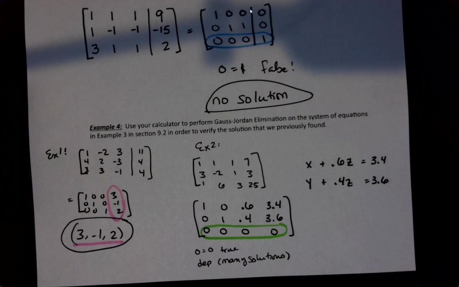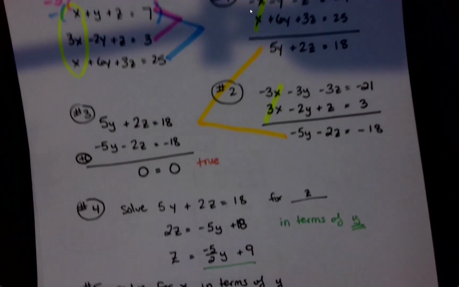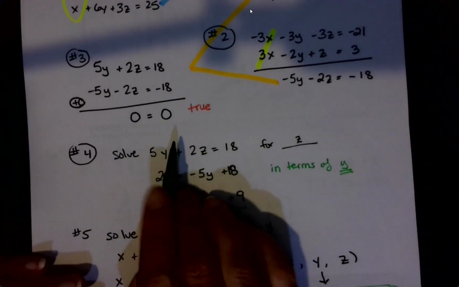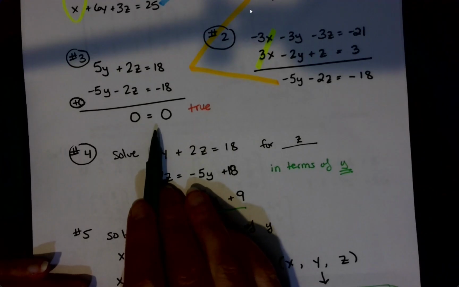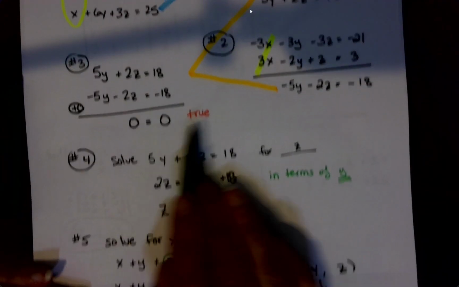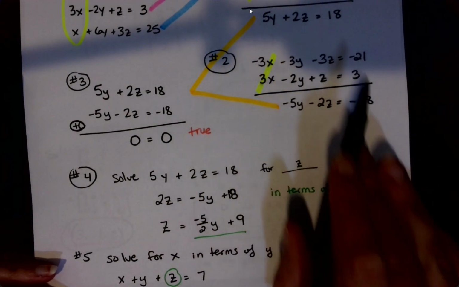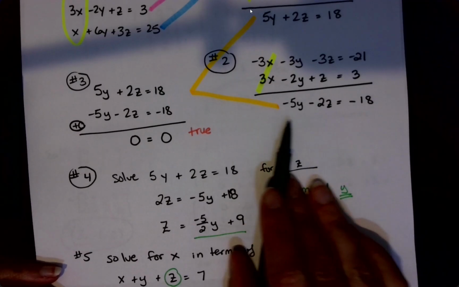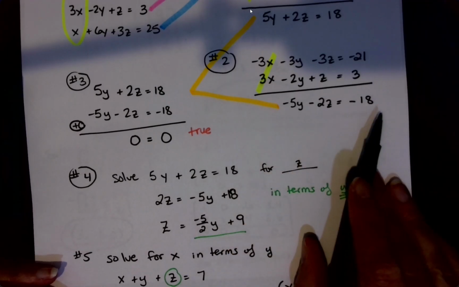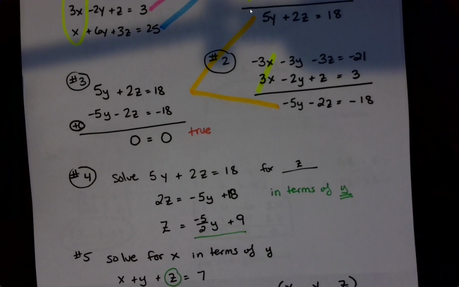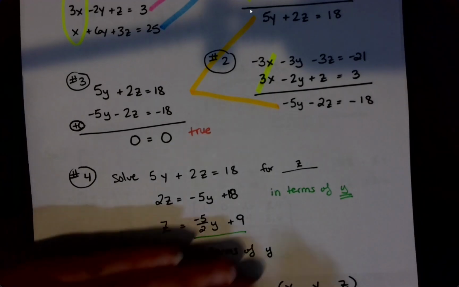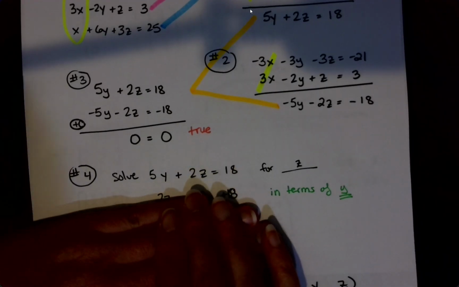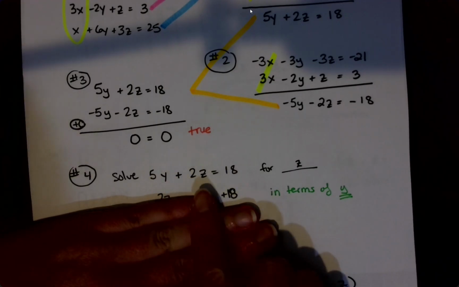Okay. Now, remember back on the previous example, when I had gotten my true statement, I had these two equations that were in terms of y and z, and we said that they must be identical. And we decided when I took one of those equations that I could solve for either y or z.